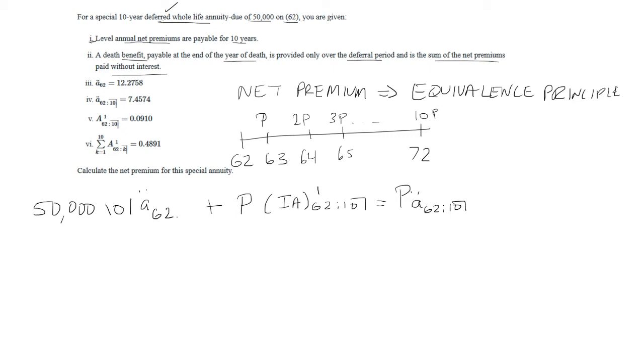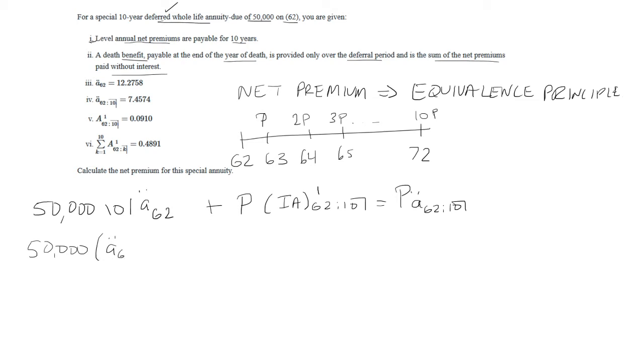Okay, so let's start with the deferred whole life annuity due. Well, looking at the third and the fourth, it doesn't look like we have anything for deferral. So what we're going to do is rewrite this as an annuity due. Let's see. So we want it after 10 years.